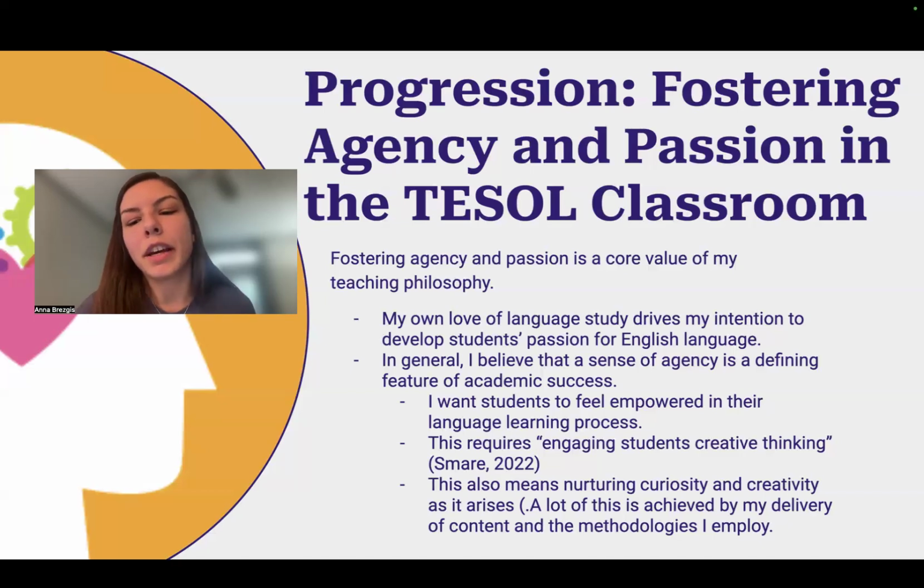Sometimes, going through the school system, people's curiosity and creativity can get stifled a little bit, and I think part of higher education is rediscovering that. A lot of this is achieved by my delivery of content, the methodologies I employ, and creating relationships with students. I think these are all really important things.